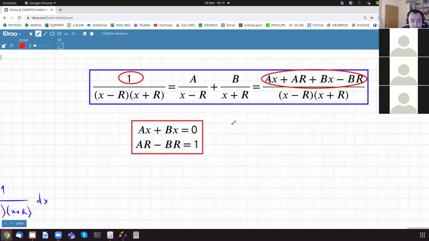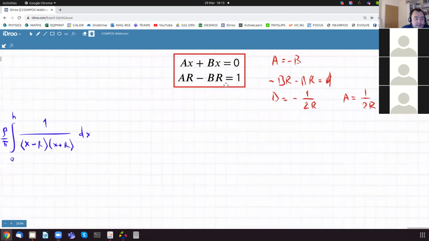What do we get from here? Well, from here we get that a equals minus b, and so minus br minus br equals 1. So b is equal to minus 1 over 2r, and similarly a is equal to 1 over 2r.